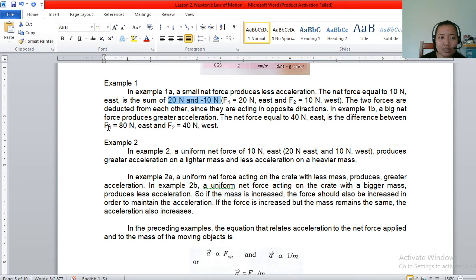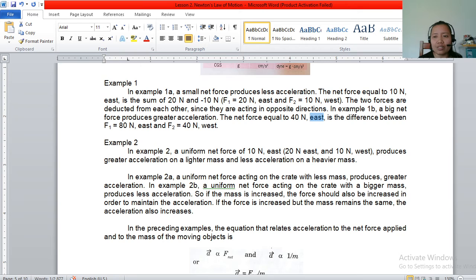Iba-iba po to na forces. May force 1 going to east at saka may force na going to west. So, again, kung going to east po tayo, positive po yung force. If it's going to west, negative din. So, the equivalent force will be positive 40 Newton east.